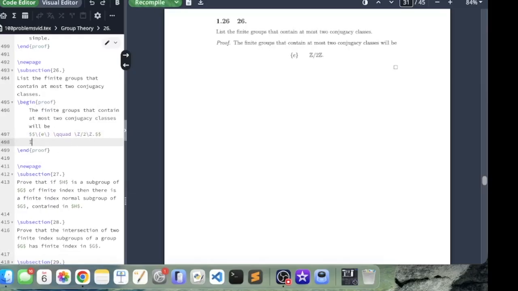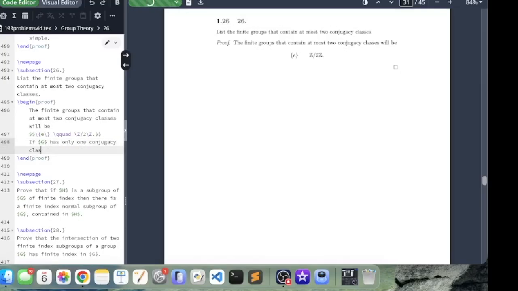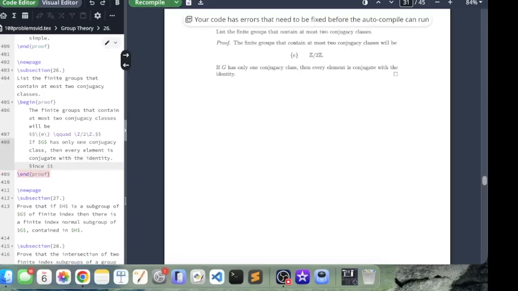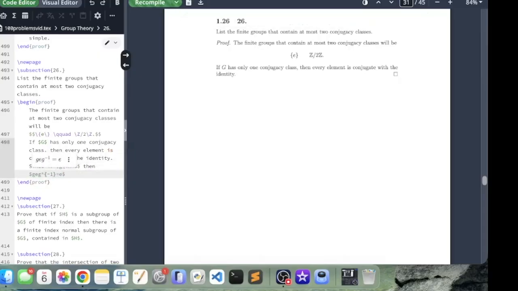So if G has only one conjugacy class, then every element is conjugate with the identity, since if g is in G, then g inverse equals that.